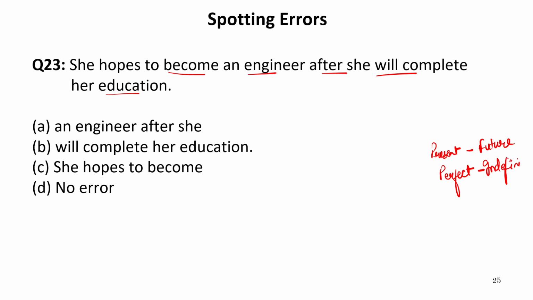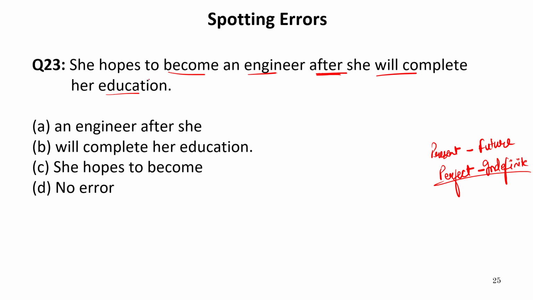These are the combinations of tenses that we have already read in the theory part of tenses. Now, one more thing, whenever we have after, we have to look for the task that was done before the another task. Now, in this sentence, we have two tasks.